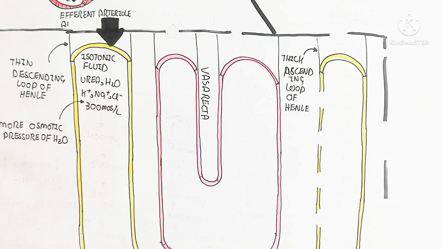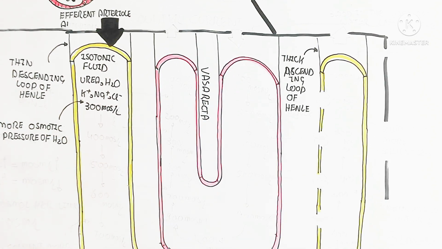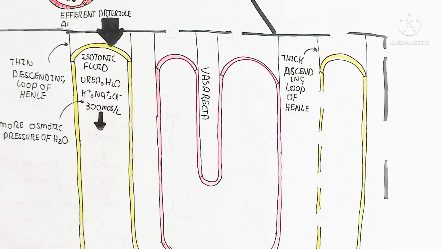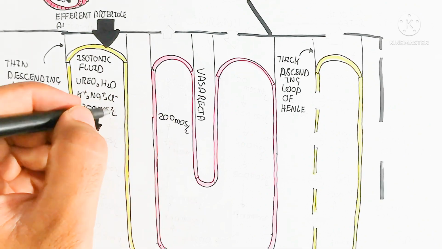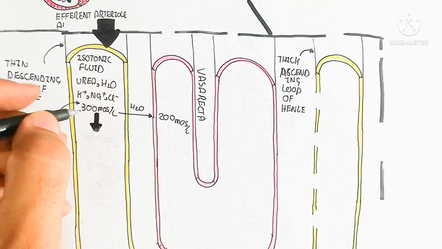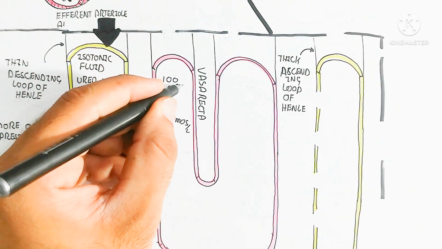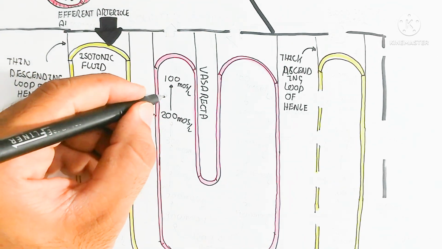Let's begin to understand the countercurrent mechanism, which is the opposite direction. The blood flow will be opposite, and the nephron, from the proximal convoluted tubule moving to the loop of Henle, is opposite.